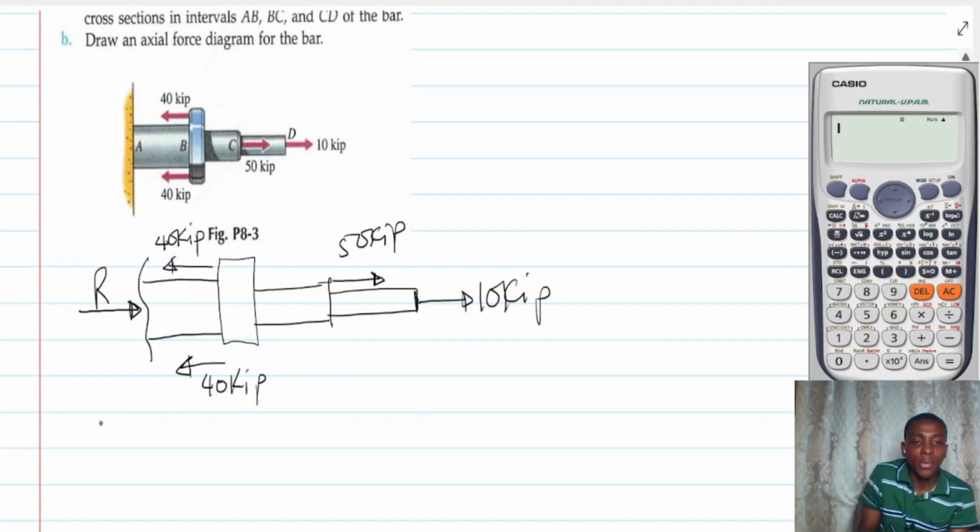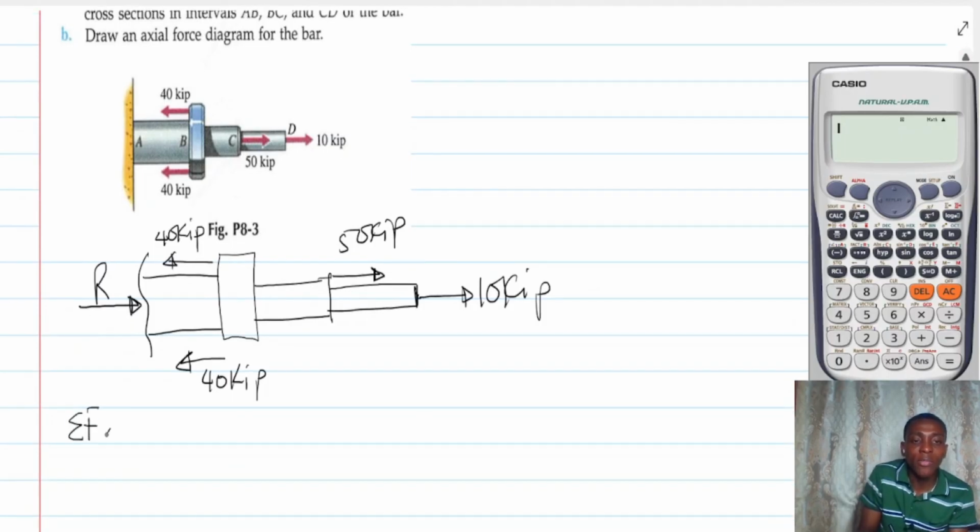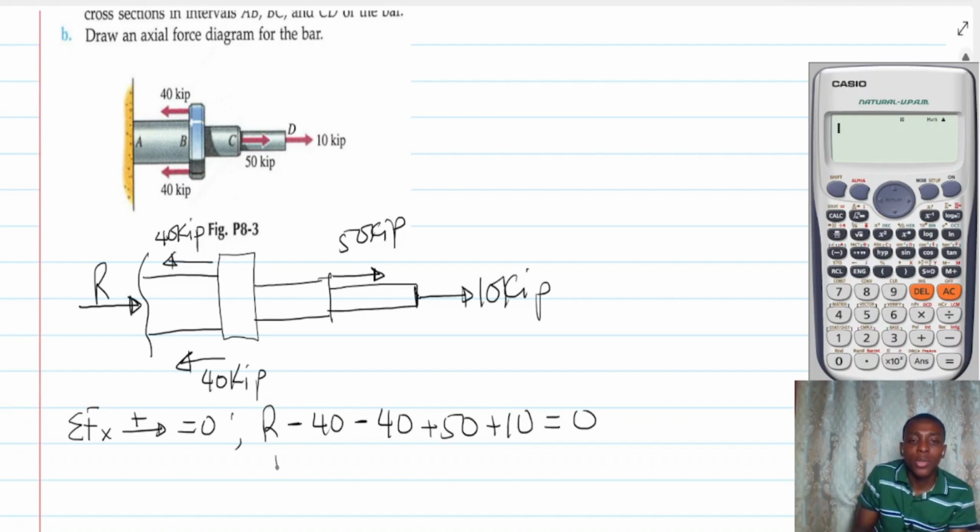So for this member to be in equilibrium, the summation of forces must be 0. So it's going to be R minus 40 minus 40 plus 50 plus 10 equals 0. So R is going to be 40 plus 40 minus 50 minus 10.